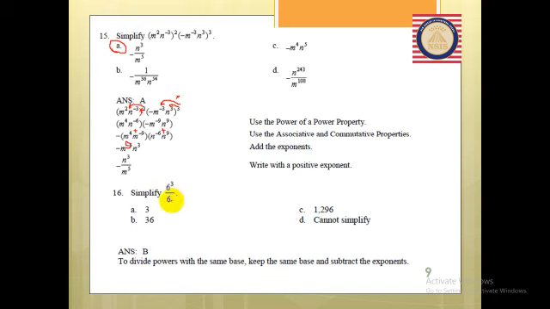But what about this power? 6 to the power of what here? It's 6 to the power of 1. Nothing means 1, okay? So it will be 6 to the power of 3 minus 1. So it will be 6 to the power of 2. 6 to the power of 2 is 36. Okay? Very good.